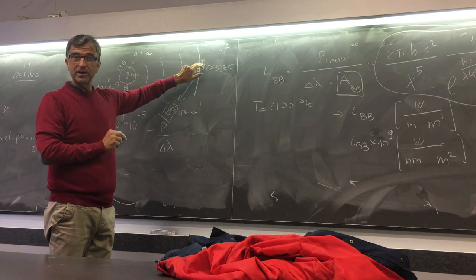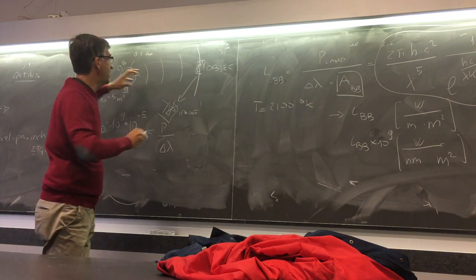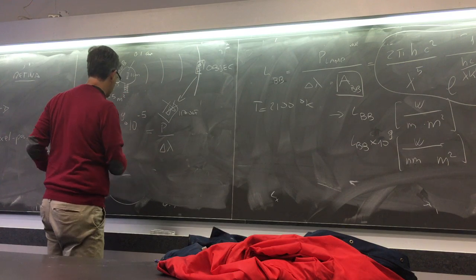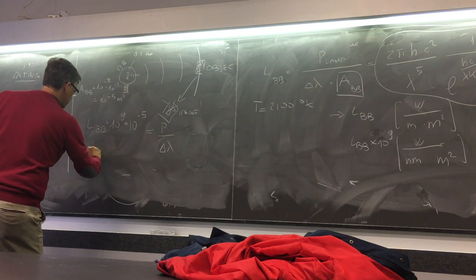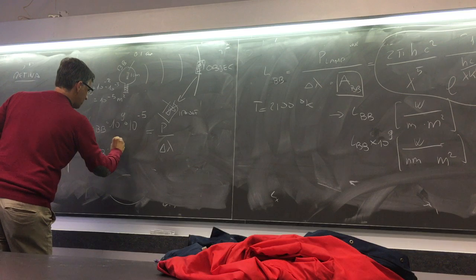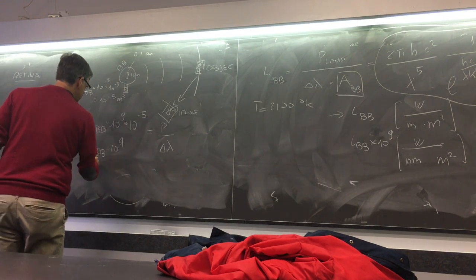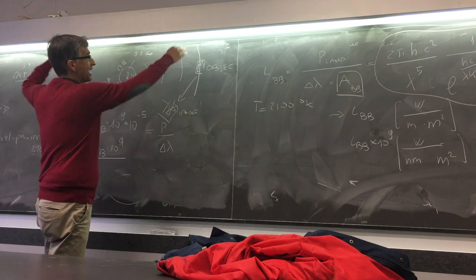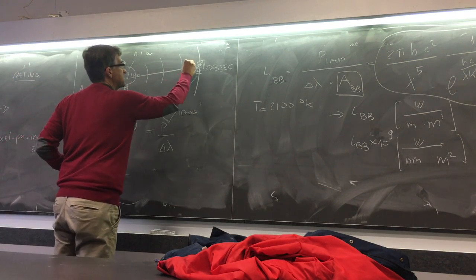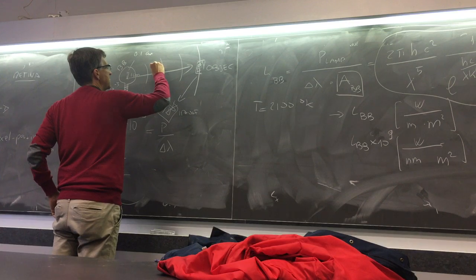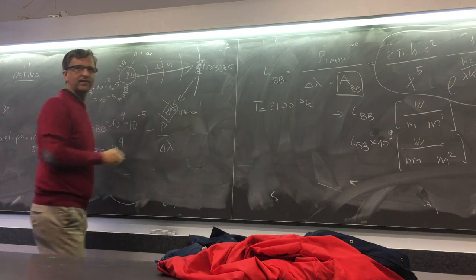Then to compute the power per surface here, I must divide the total power, so I put LBB times 10 minus 9, 10 minus 4, that is 10 to the 4, and then I must divide by the surface at the distance. Suppose that the distance is 10 meters, okay?